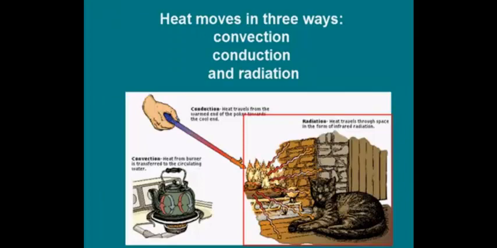It travels through space without warming the air, and it warms the objects up. Just like this cat sitting in front of the fireplace, or you standing in front of a fireplace. You know when you turn away from the direct radiation of that fireplace, you don't feel the heat intensity anymore.